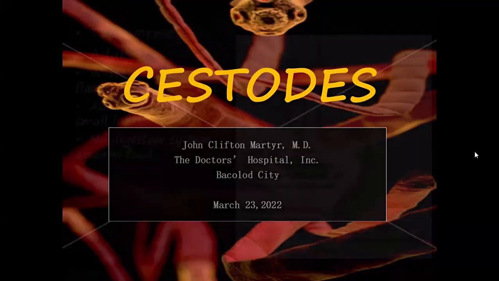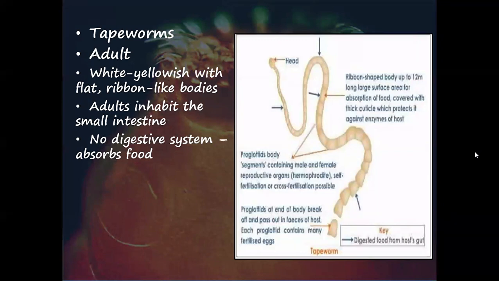Another name, or the common name, for cestodes is tapeworms. And when we talk about the morphology, you will realize why they are named as such. The general structure of each of these cestodes will be tape-like. The adult will appear like a tape.